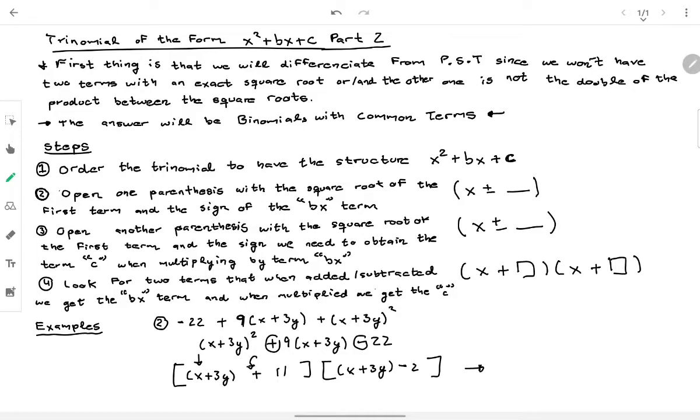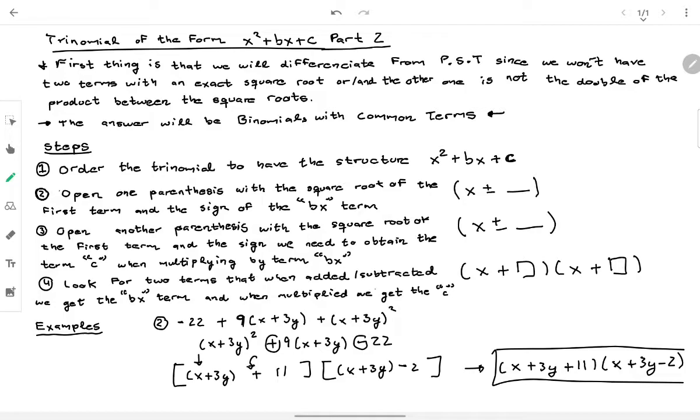So the final answer is going to be x plus 3y plus 11 and x plus 3y minus 2. And that is our actual final answer for this exercise.